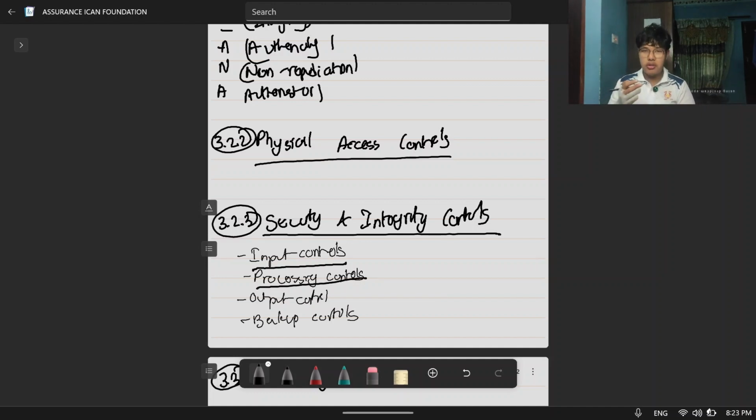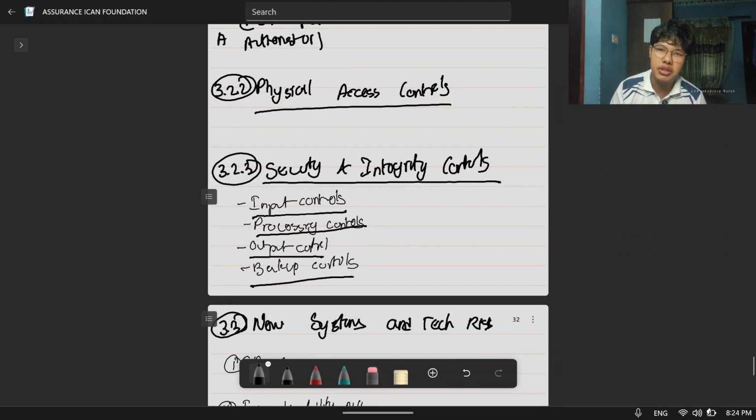Processing control makes sure the data is being processed in the correct manner and by using correct methods. And then output control makes sure that the reports produced after processing of data are accurate with no errors and reach the right user or the right person. And backup controls, maintaining backups of the information in case of any crash or disaster.